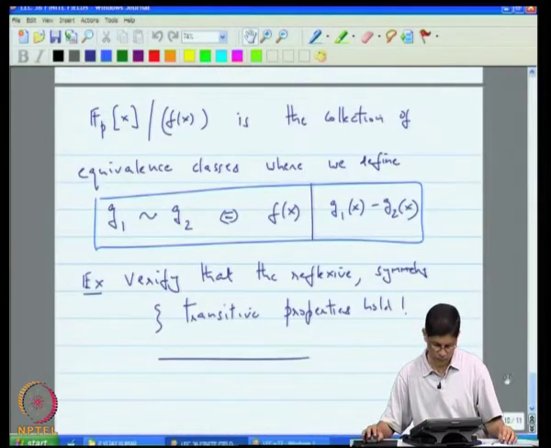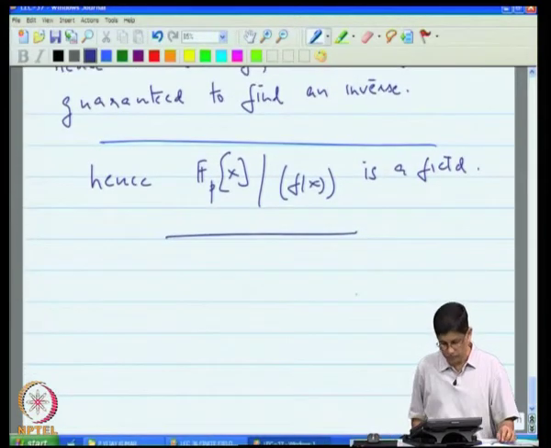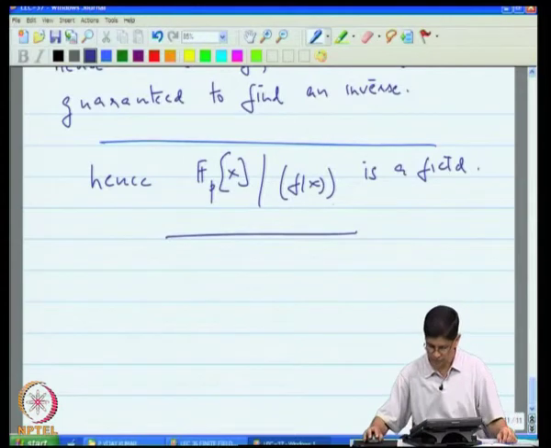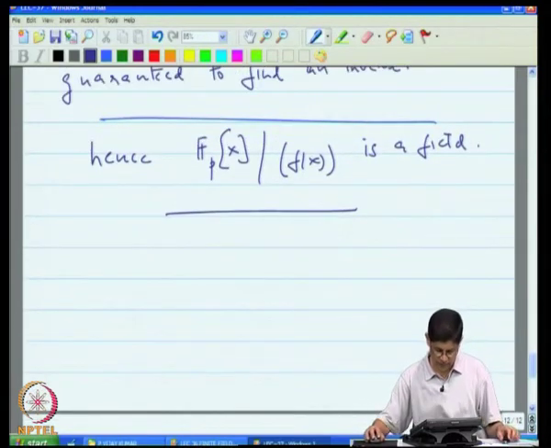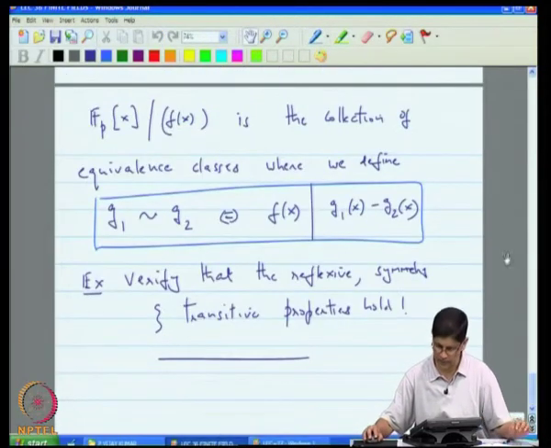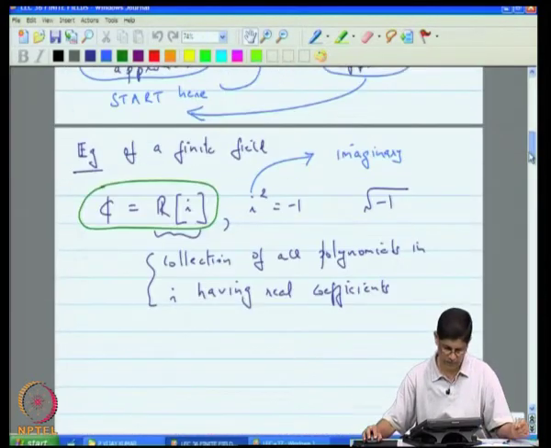Now I want to actually point out a simplification, and I will do this by example. So let's go back to our discussion in the last lecture where we were talking about real and complex numbers.